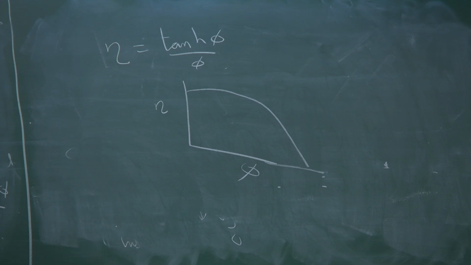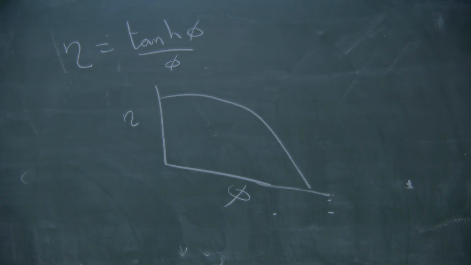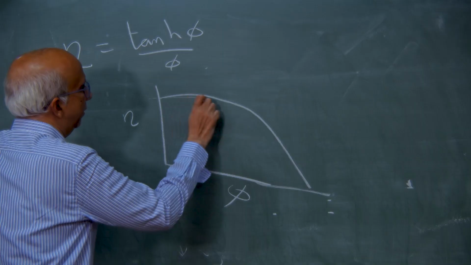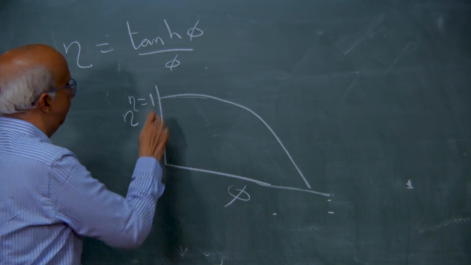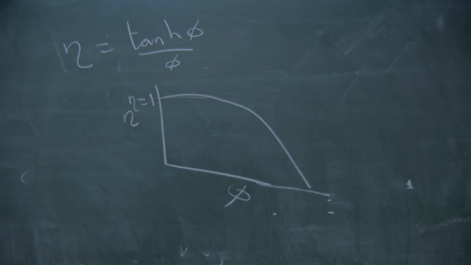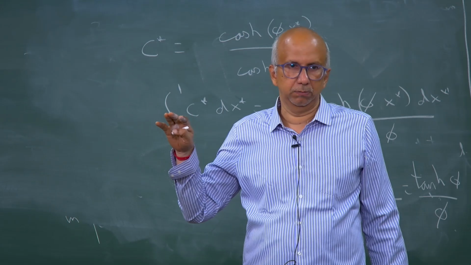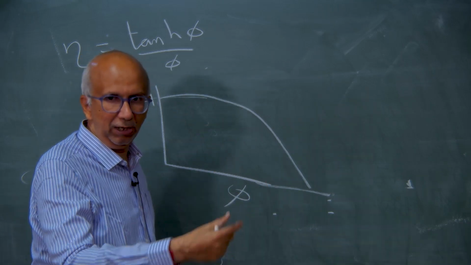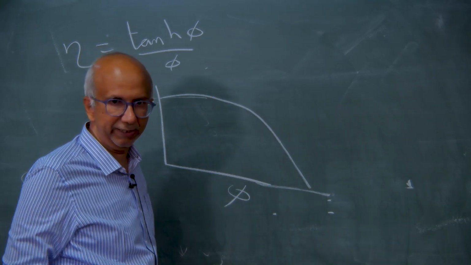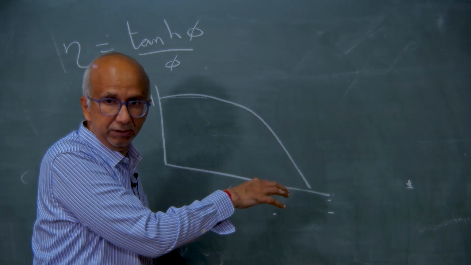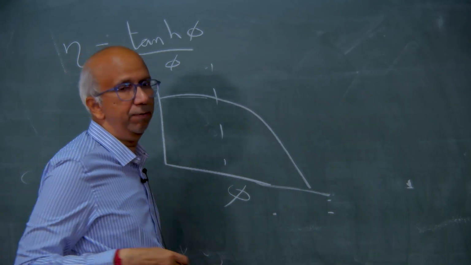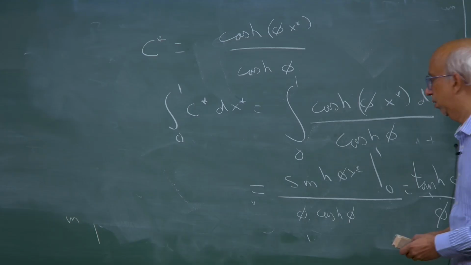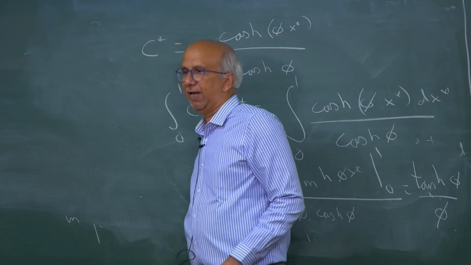For low phi values, which means low k, low reaction rate, the effectiveness factor is 1, eta equal to 1, because the concentration everywhere is going to be almost uniform, equal to the bulk. As you keep increasing phi, only the narrow region is contributing, the center does not contribute, so effectiveness decreases. So, this is one way by which you can quantify the efficiency of the catalyst.